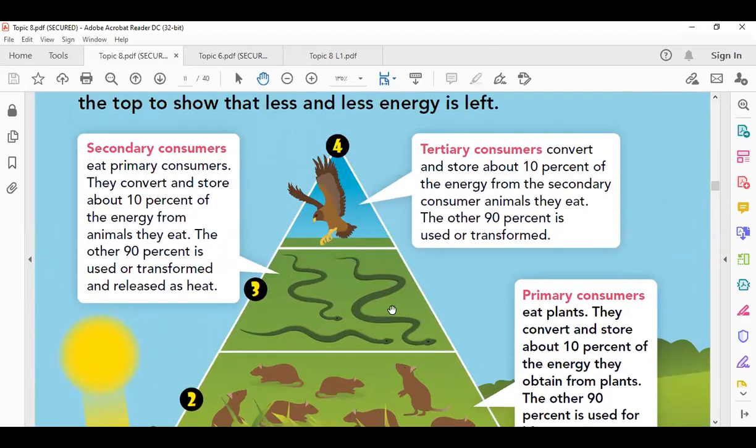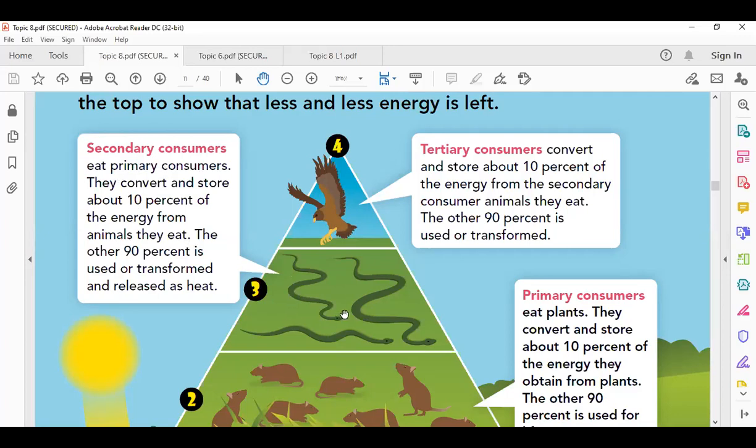In the third trophic level, there are snakes. Please don't think it always has to be snakes here. It could be an eagle, or whatever. This is called a secondary consumer.